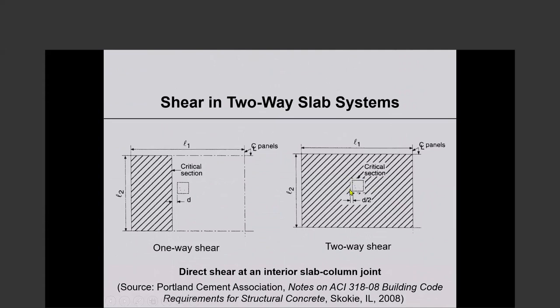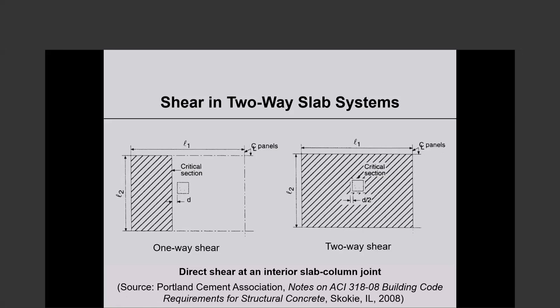The critical section for shear looks like this, all around the column, a distance d/2 away from the support face. Now, this critical section has a thickness equal to the thickness of the slab, or the effective depth of the slab.